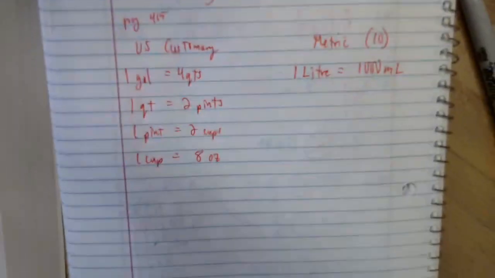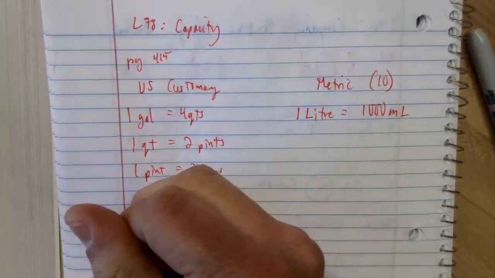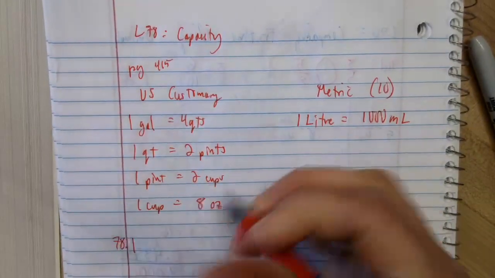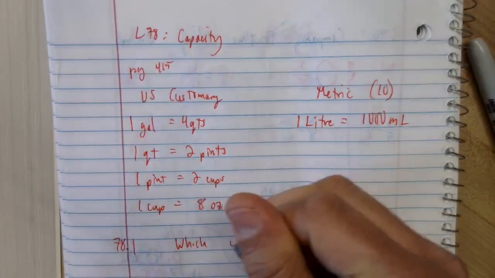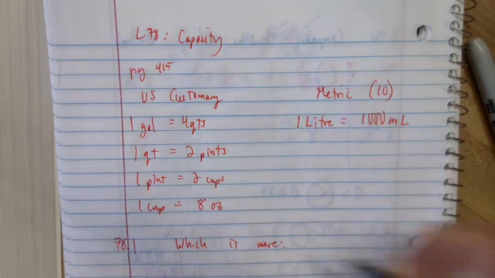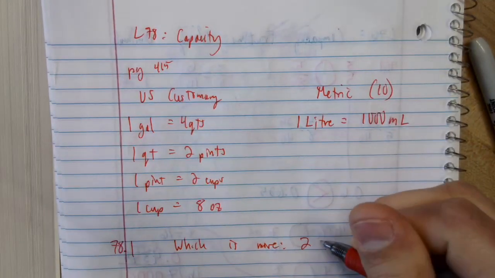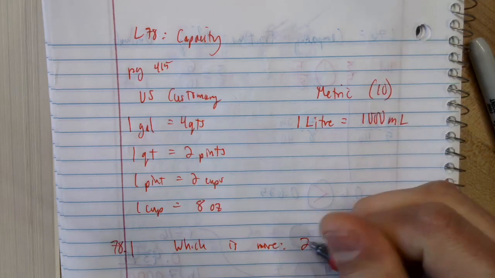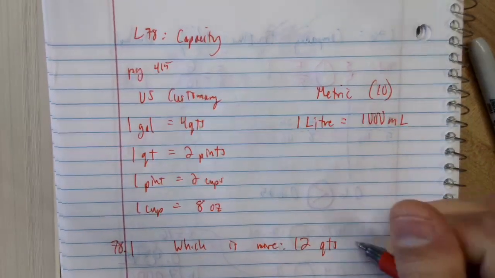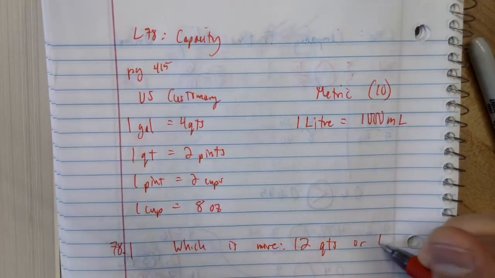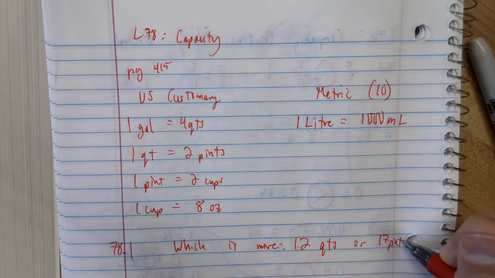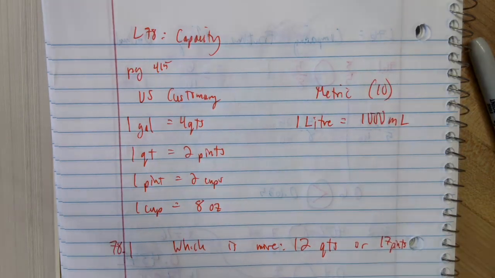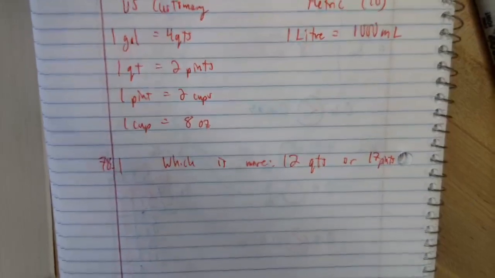So if we take a look at just an example, we'll just say which is more. Let's do 12 quarts or 17 pints. So we're going to compare the quantities.